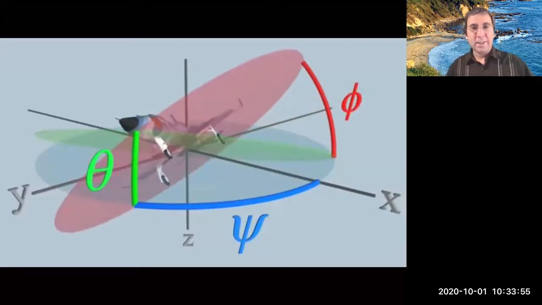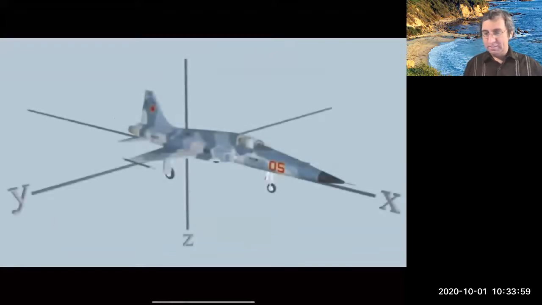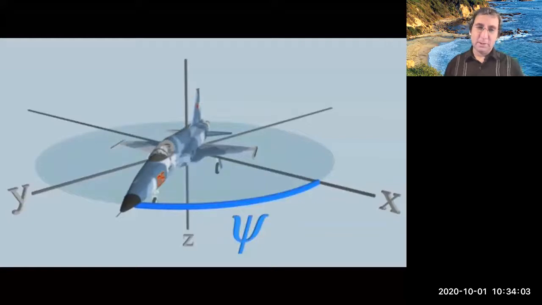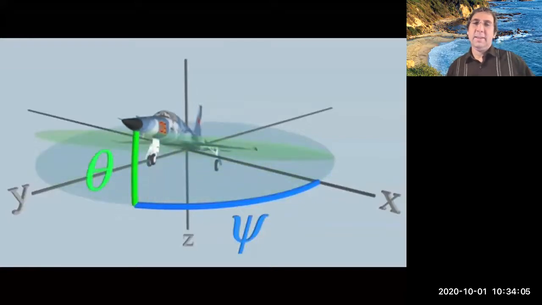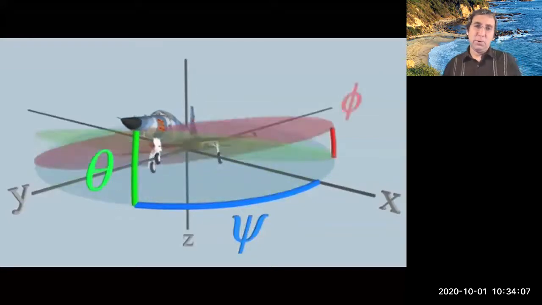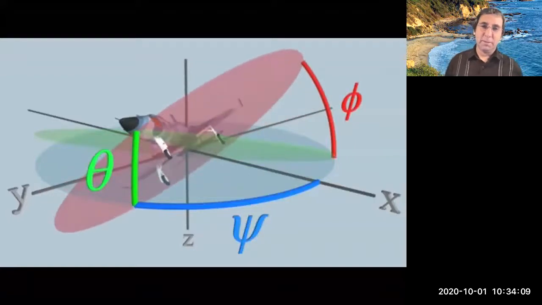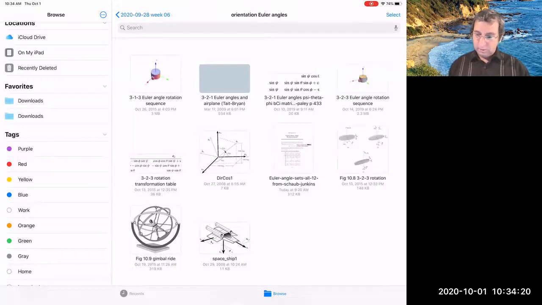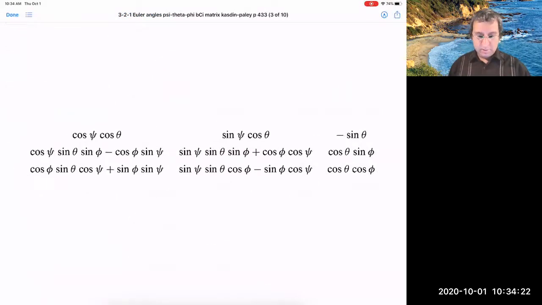So all of these were positive. That's why the yaw was to the right. That's a positive yaw. The pitch was up. So that's a positive pitch. And then the roll was a roll to the right. It's a positive roll. You could do negative angles as well. And so you can describe any orientation. If you did want to see the 3, 2, 1 Euler angles, there they are.